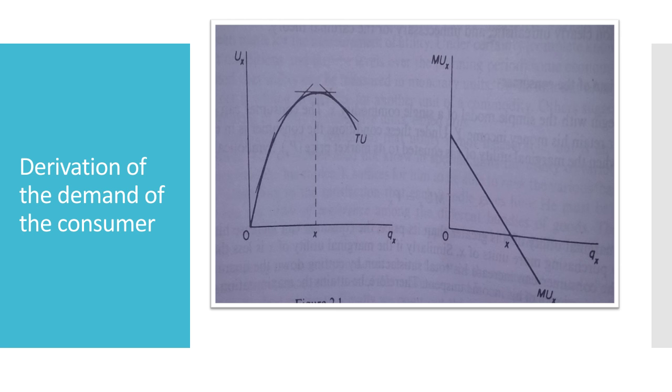When total utility becomes constant, the marginal utility becomes equal to 0. After the consumption of the constant point, the marginal utility becomes negative, and total utility diminishes.